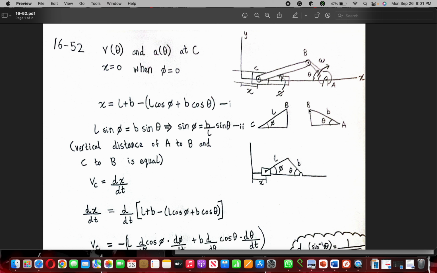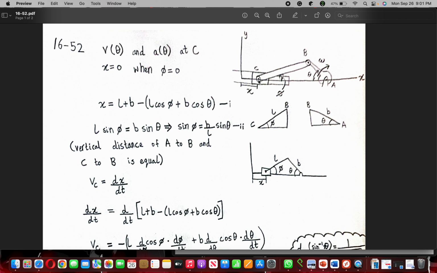And over here between B and A, the distance is b, and the angle with the horizontal is theta. Both of them are right angle triangles, so we can use the trigonometric ratios over here. So we have to find the length of x, because that varies with the angle.